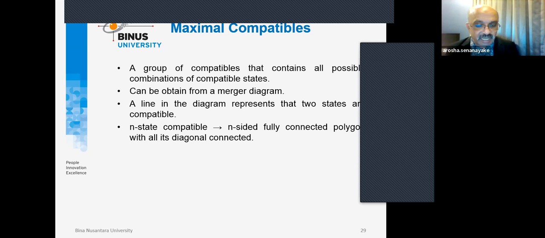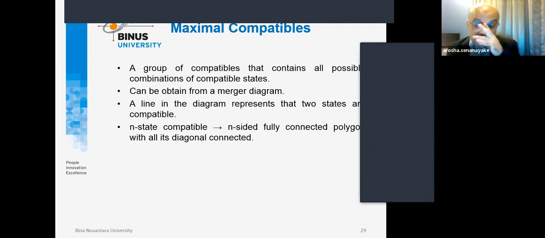Now you have to understand that after you connect using lines, we have to produce closed polygons, and at the same time, all the polygons we identify should be fully connected. That means all diagonals must be connected.